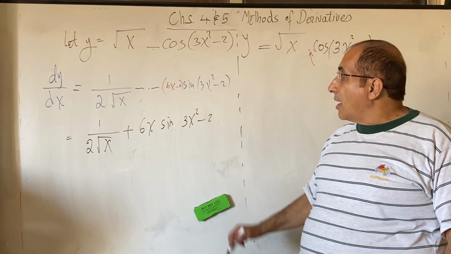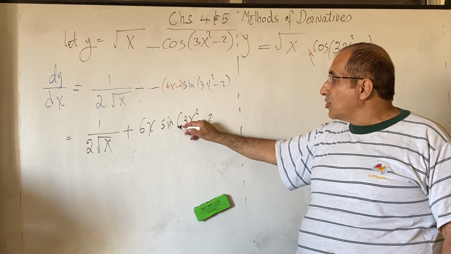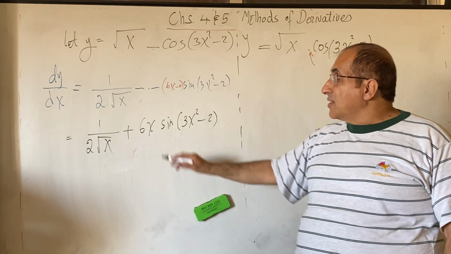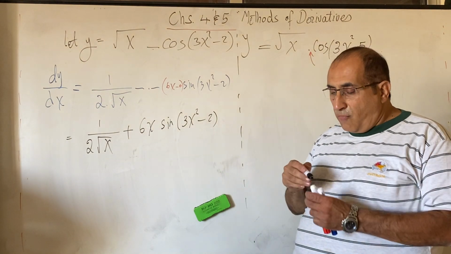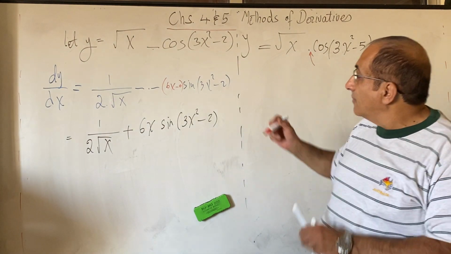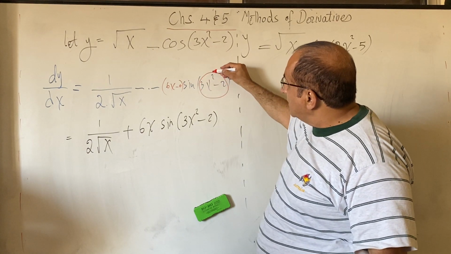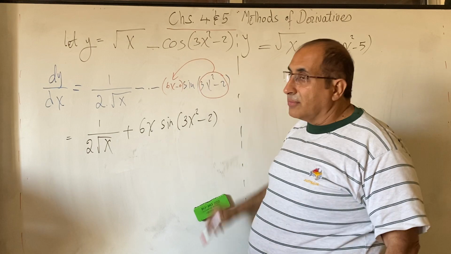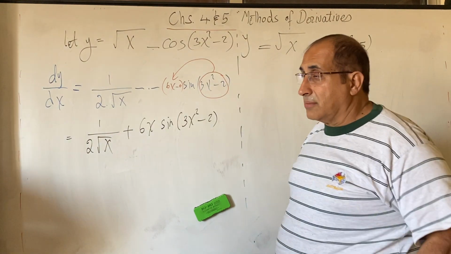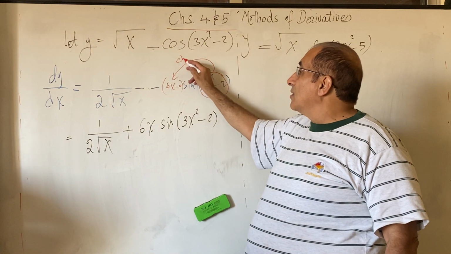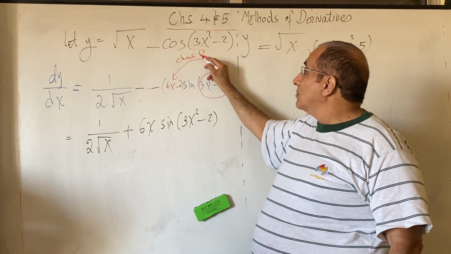No, I want the whole angle, so I make sure it's in the bracket. The 6x is the derivative of whatever is inside the bracket. So whatever is inside the bracket, its derivative is taken out, whatever it is. That's why it's called the chain rule.